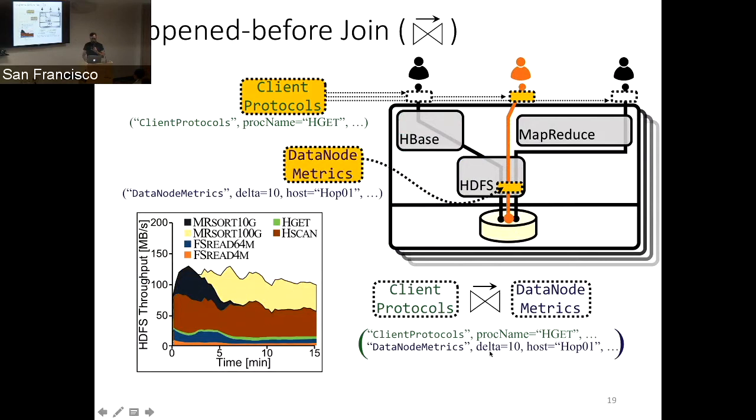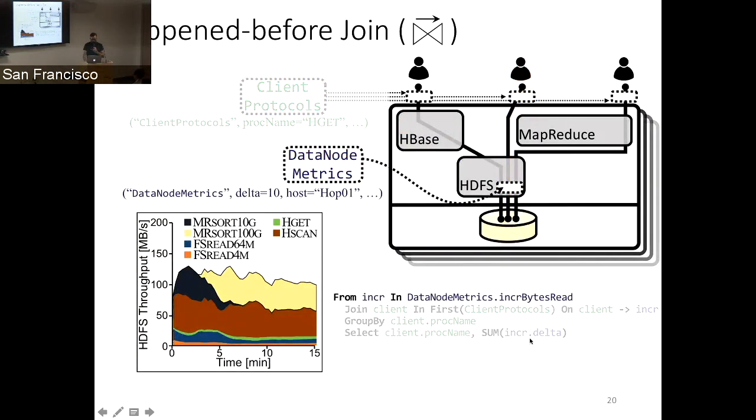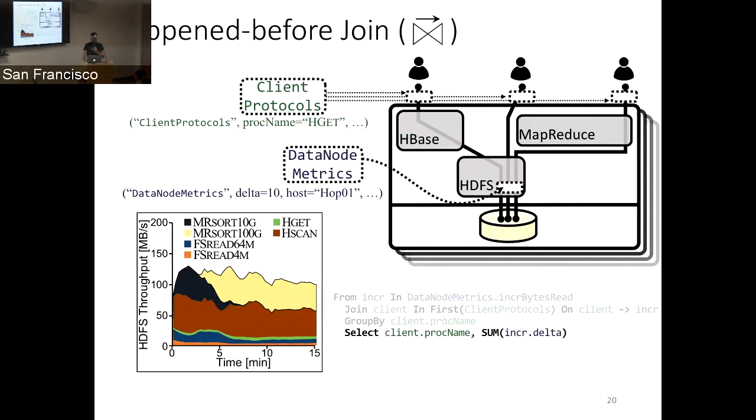Once we've done the join, it's a pretty simple aggregation. So here's the full query: we're going to read this increment field, join it in this happens before join back to the client, group by the proc name, and do a classic select sum aggregate in a SQL-like language. Do people understand what this is doing? Yes?